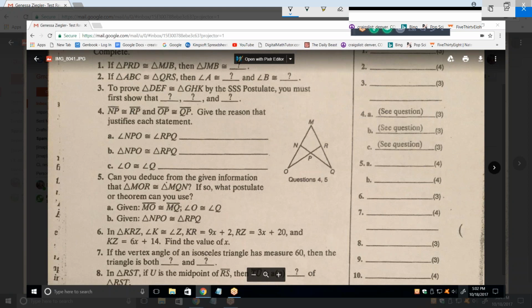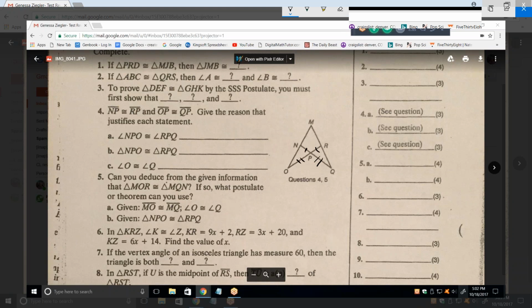Okay. Now, number 4. Line segment NP is congruent to RP, so let's draw a little dash mark there. And OP is congruent to QP, so we'll draw double dash lines there.